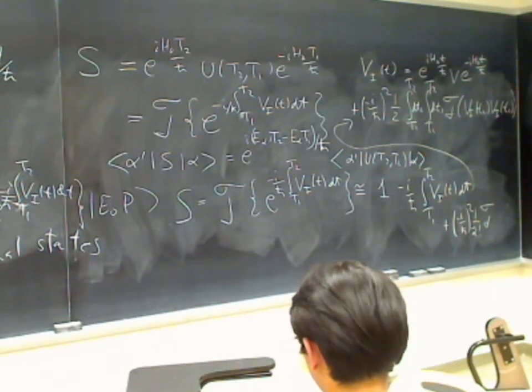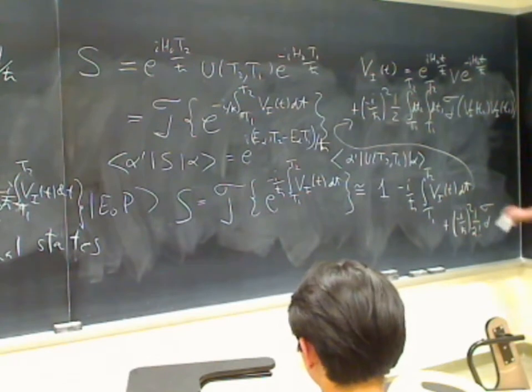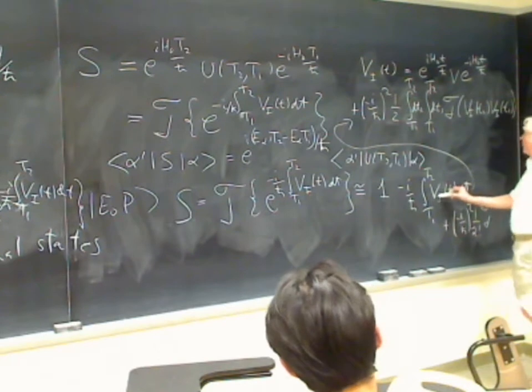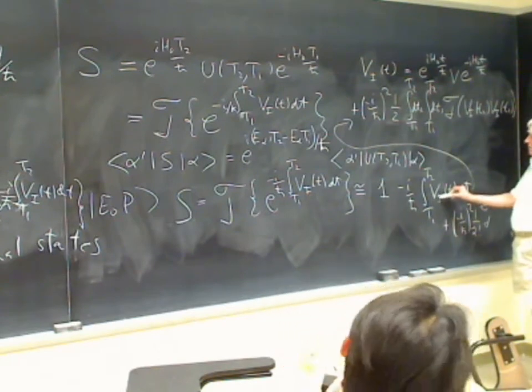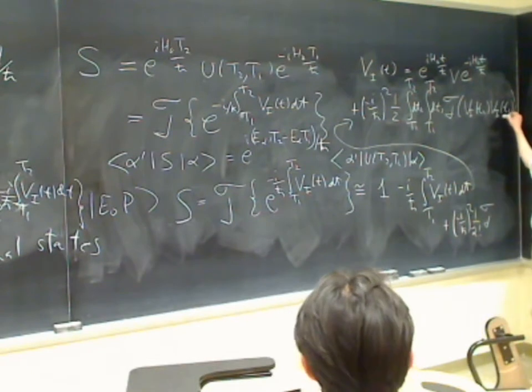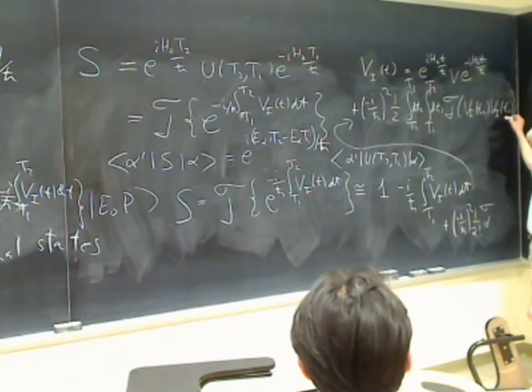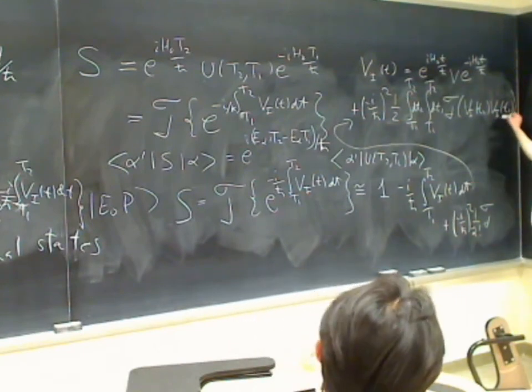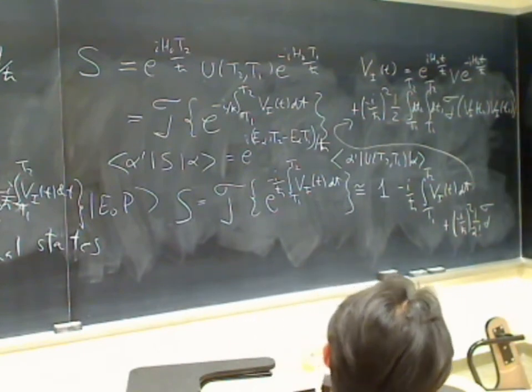And in fact, it turns out that in cases of quantum field theory, this term is sometimes 0, in fact often 0. This term then is the first non-vanishing term. Sometimes this one, but not this one.